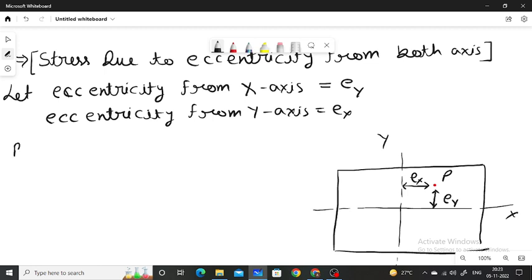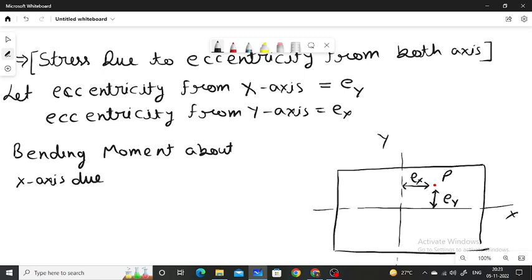Now the bending moment about the x-axis due to eccentricity Ey, Mx will be P into Ey.